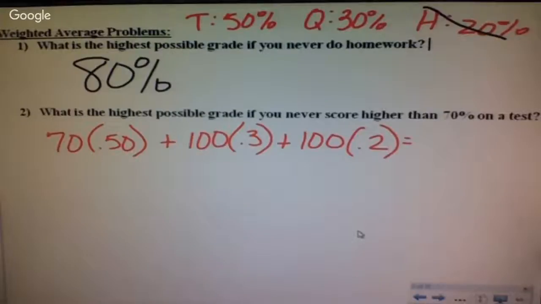That's 85. So if you have perfect quizzes and perfect homework and you average a 70 on your test, you can walk out of here with an 85.